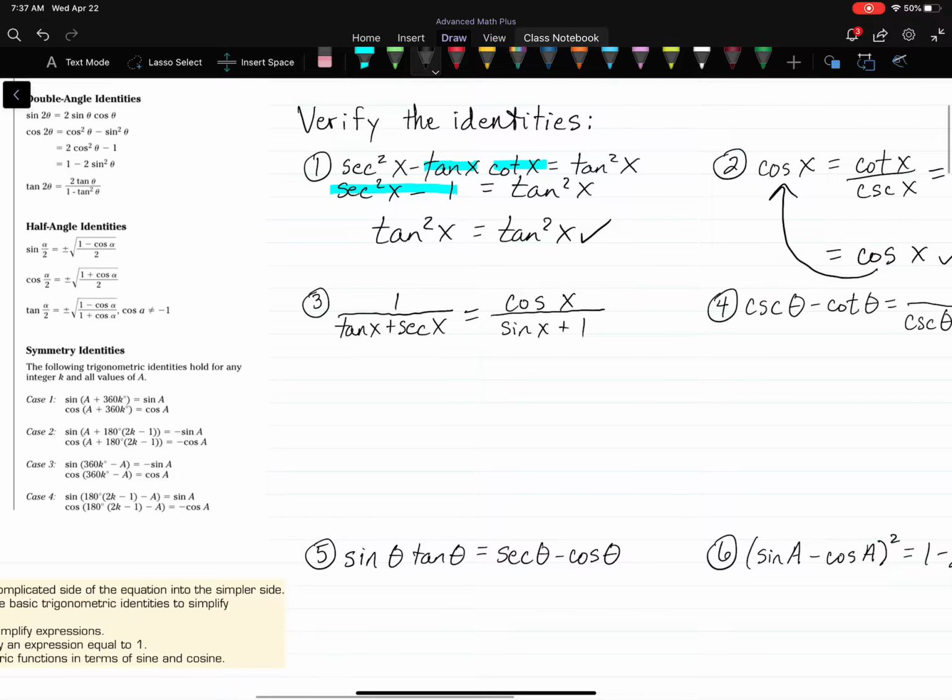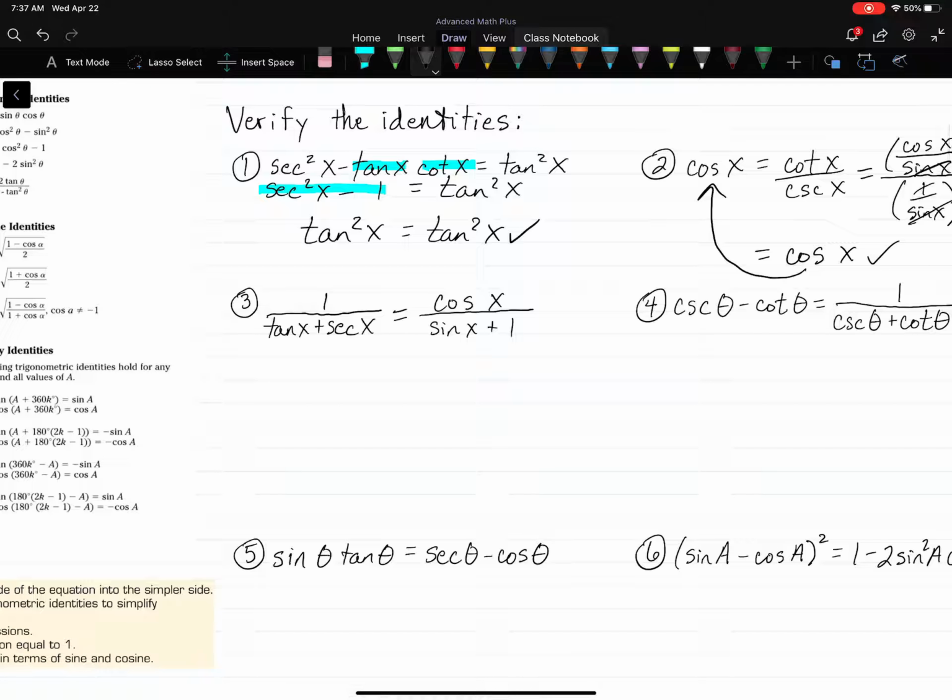All right. Example 3. We have 1 over tangent x plus secant x equals cosine x divided by sine x plus 1. So this looks like a good one. I am going to start on the left side because, again, if we follow our suggestions to make everything sine or cosine, the right side is already sine or cosine. So what I'm going to do is change these tangent x and secant x.